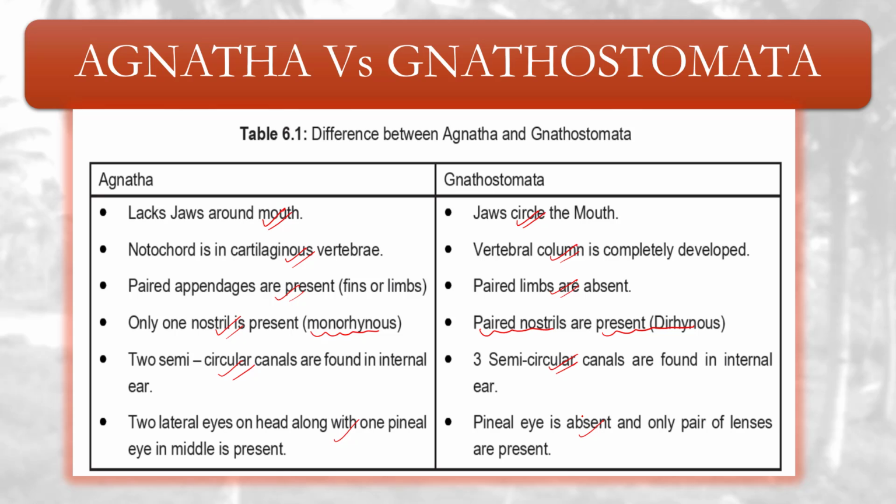Okay, in Gnathostomata, paired limbs are present, when it directly converted into the vertebrates. Only one nostril is present in Agnatha. They have two nostrils in Gnathostomata. Okay, two semicircular canals in case of Agnatha. Gnathostomata, three semicircular canals. Okay, they have two lateral eyes and one median eye. Okay, so I hope, is this clear?